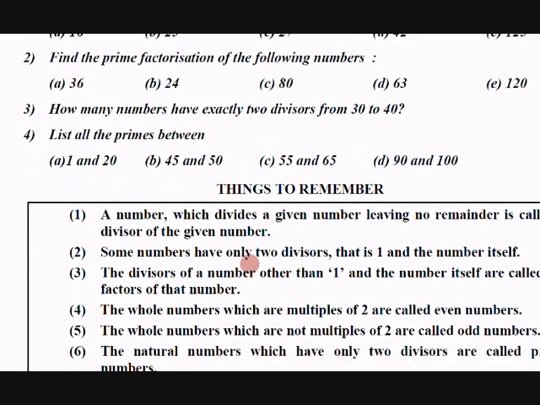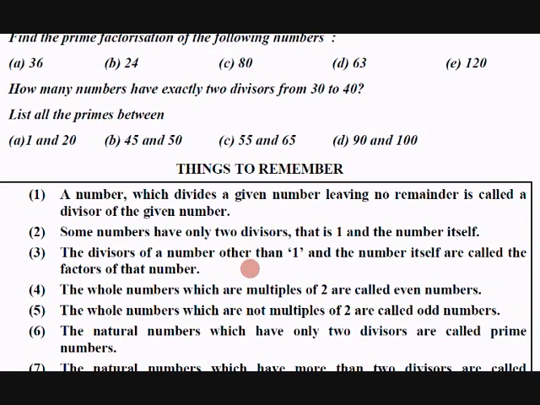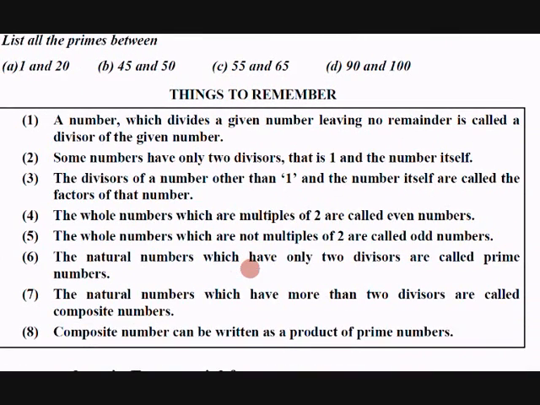Okay. Finally, these are the things to remember. Summary from this chapter. What all we saw: a number which divides a given number leaving no remainder is called a divisor of the given number. Right? We saw that. 4 by 2, then 2 is a divisor because no remainder is left. Point 2, some numbers have only 2 divisors, that is 1 and the number itself.